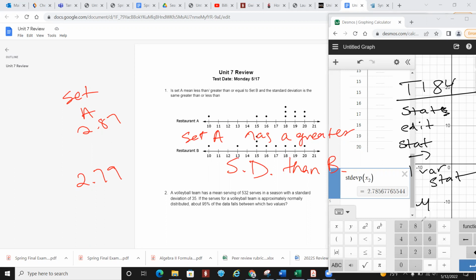The mean is going to be the mu, and the standard deviation is going to be the sigma x. That's where we typed it into that calculator. You can do it either way on the final exam, but there's definitely going to be a question like this where you compare data sets. Okay. Go ahead and look at number 2, and we're going to go over it in just a second.